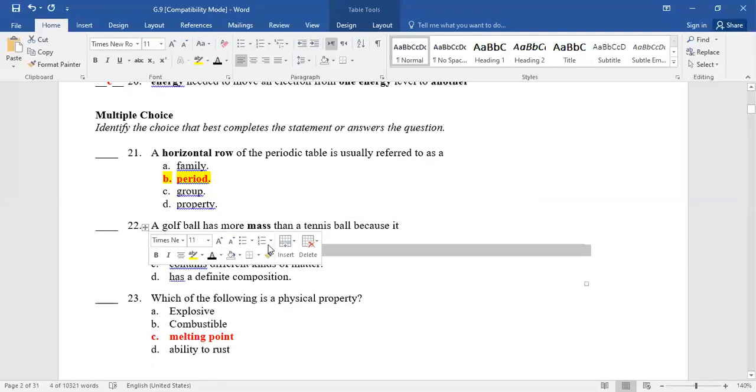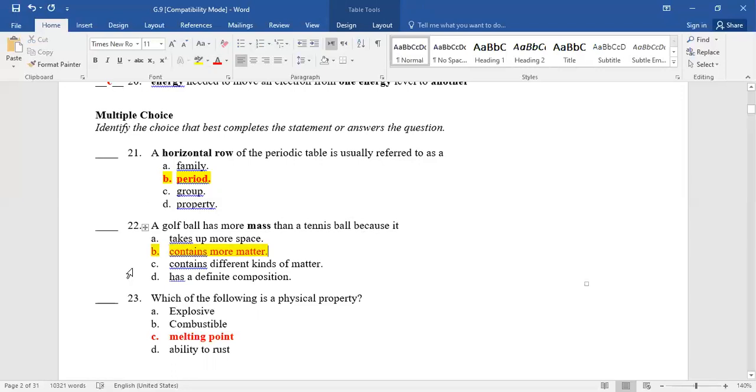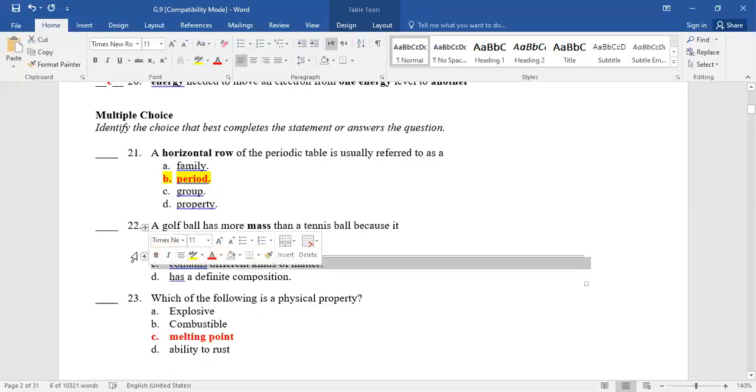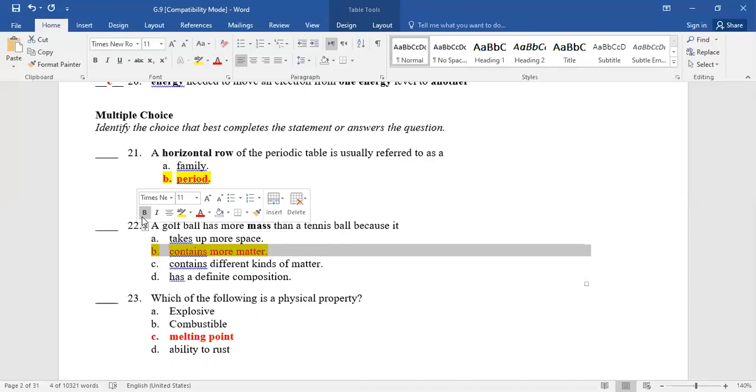The golf ball has more mass because it has more matter. That's the perfect answer for this one.